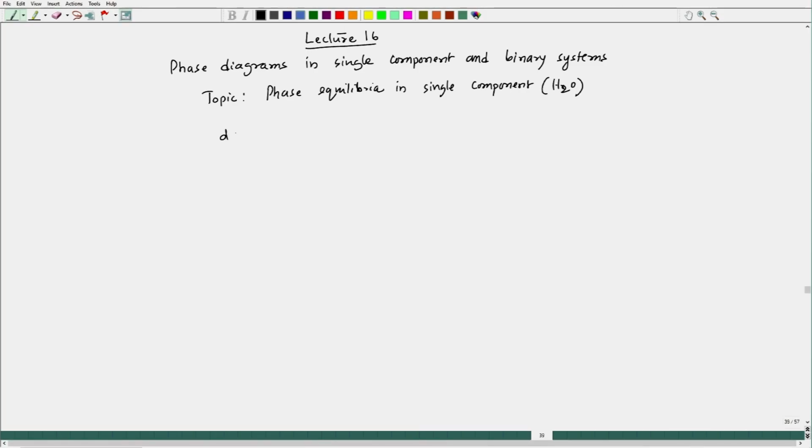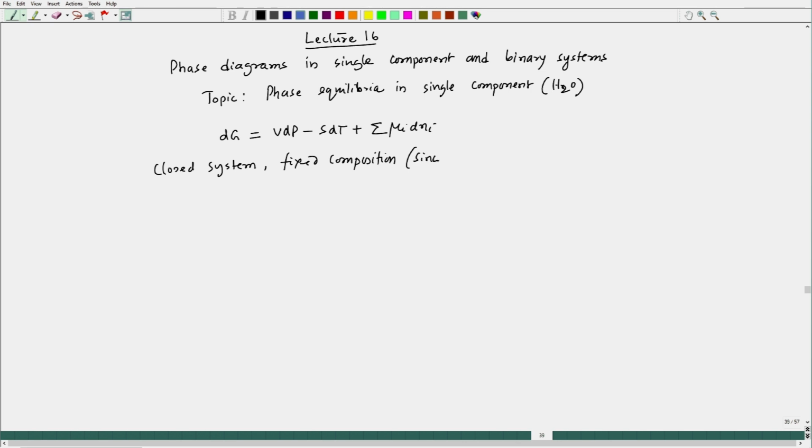So, the generic equation that we see is the Gibbs-Duhem equation, V dP minus S dT plus sum of mu i dNi. Now, it is a closed system with fixed composition. Why fixed composition?